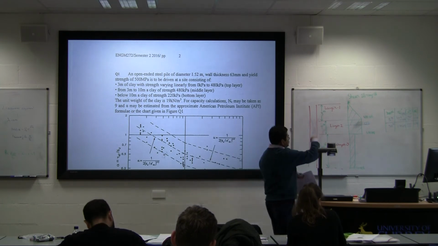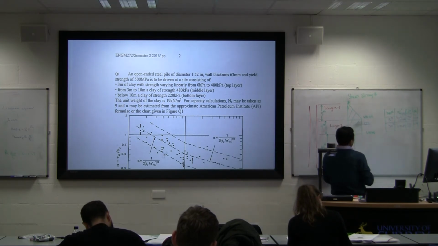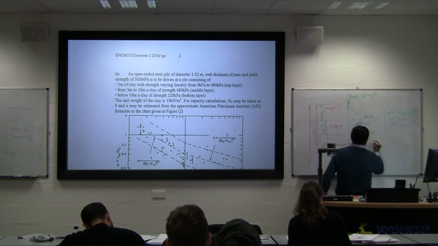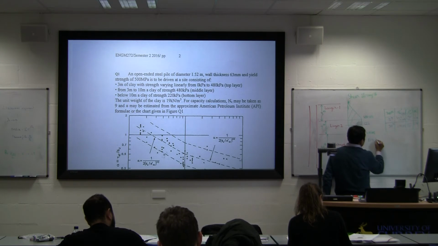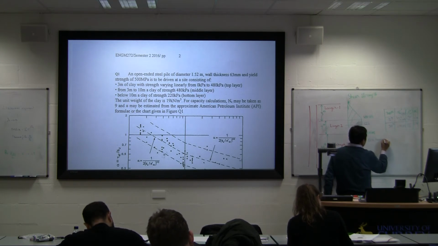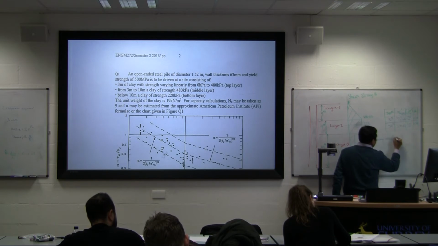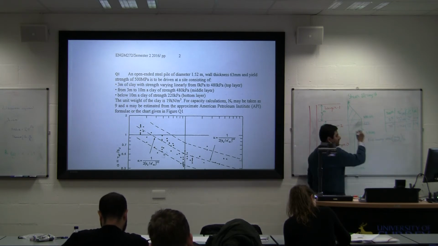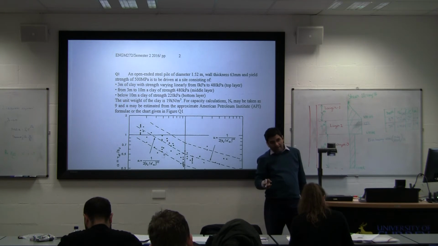Okay, so once you do that, it's also good to work out the end bearing area, so only the rim, because this you can use for your unplugged case.